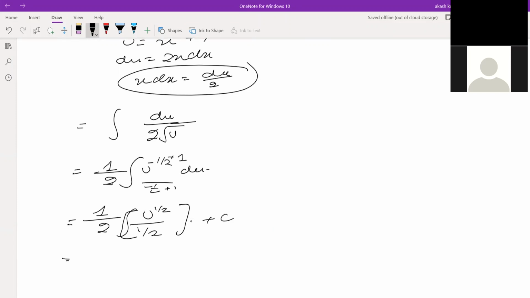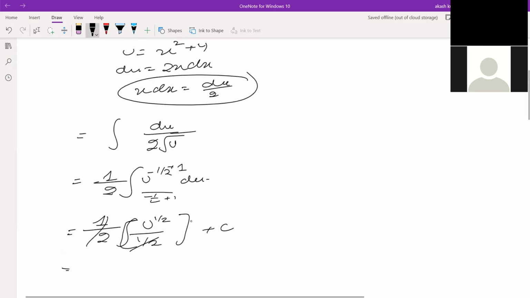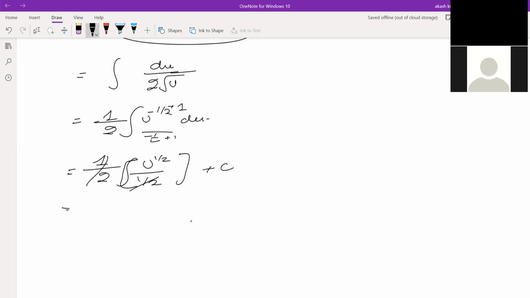This half and this half cancel out. u was equal to x squared plus 4. So this is equal to the square root of x squared plus 4, plus c.